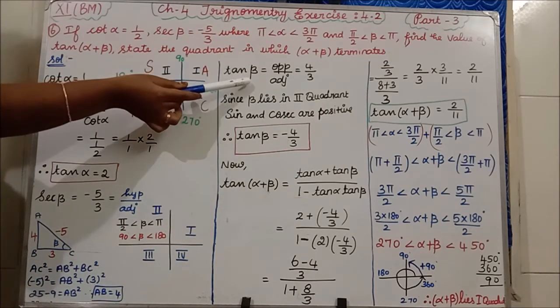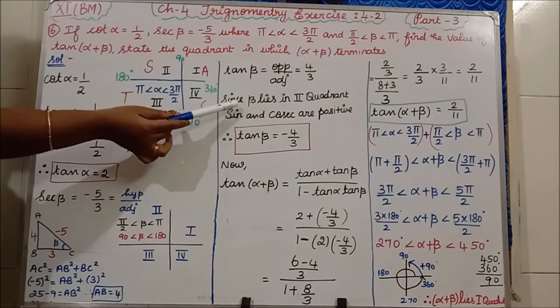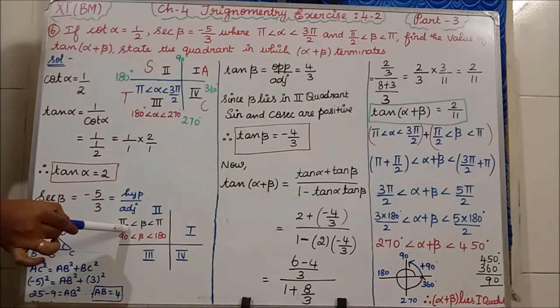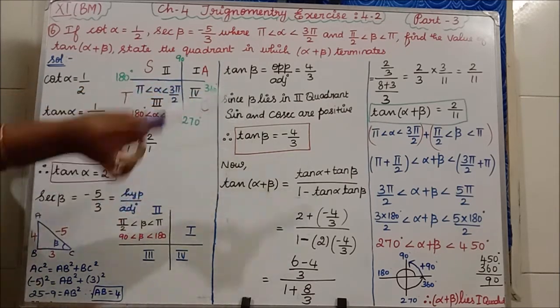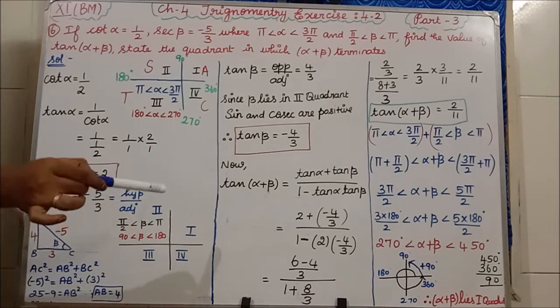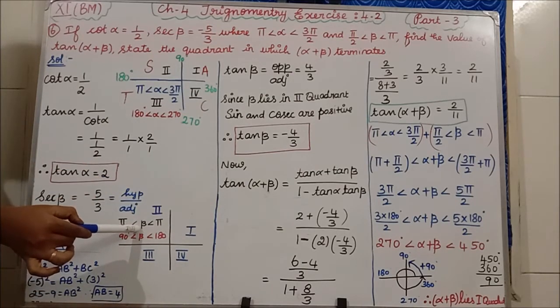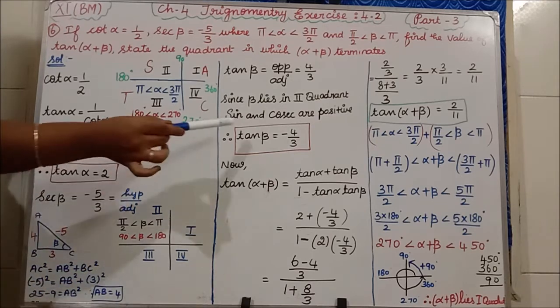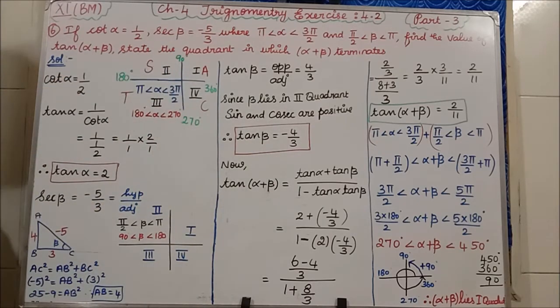First I have written 4 by 3. Afterwards what am I writing? Since beta lies in the second quadrant, sine and cosecant are positive only in the second quadrant. Tan beta is not positive in the second quadrant. So tan beta equal to minus 4 by 3 we have written.